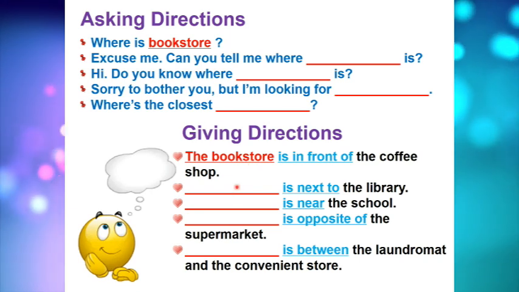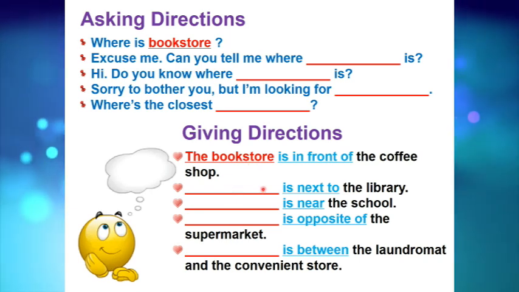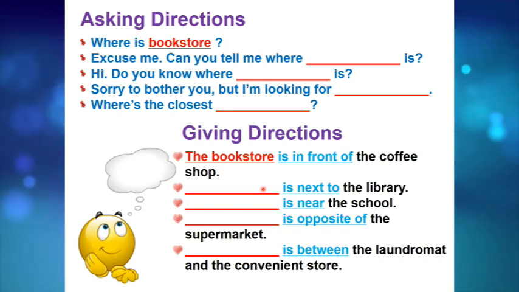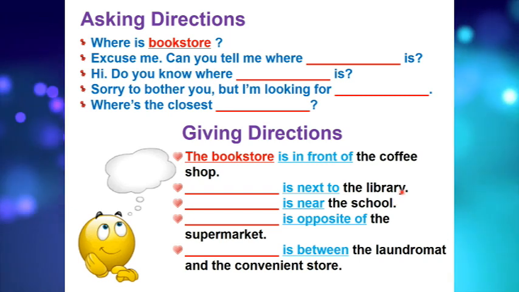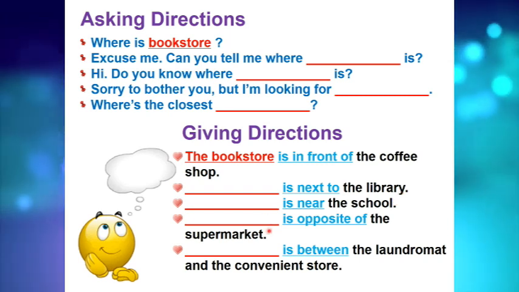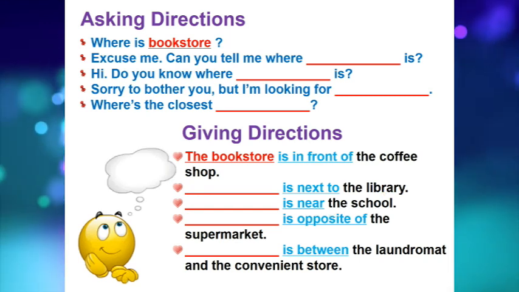Like you can say here, the hotel is near the library, or is next to the library. But in the map we don't have a library, so you have to change this part as well.